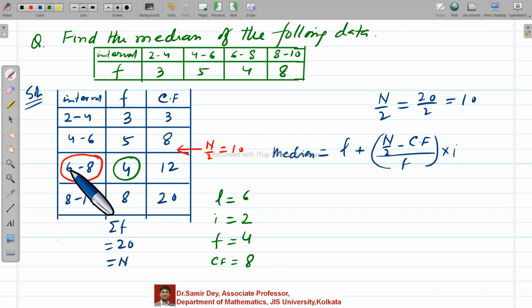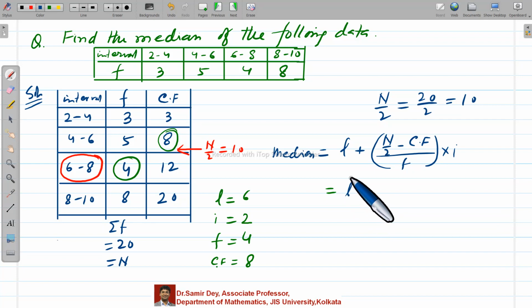And the length of this interval is 2, that is your I. And one is left, that is CF. CF means whatever value you have just before that, in this case 8. That's why your CF will be 8. Now you substitute one by one, you will get your answer.